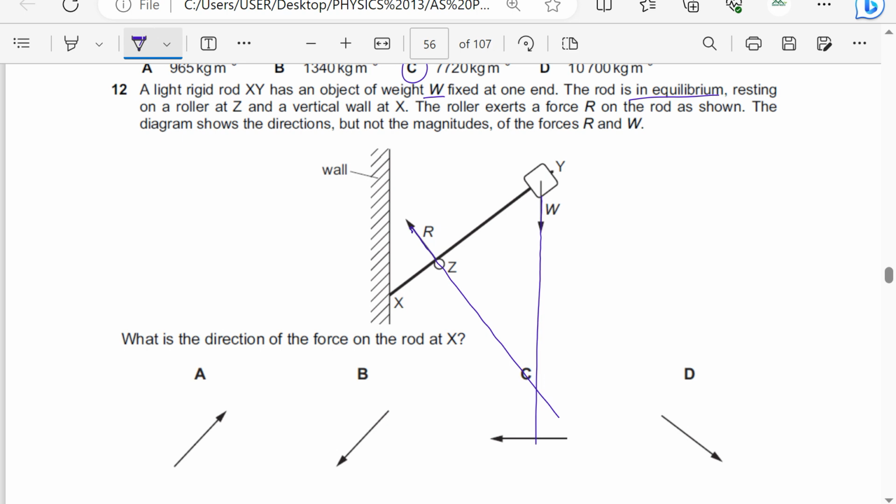Okay, so maintaining their directions, W is downwards, and R is in that direction. So I'm going to draw a line from X to where these two forces meet, so that I get an approximate direction of the force at point X. So this is going to be from this point to this point here.